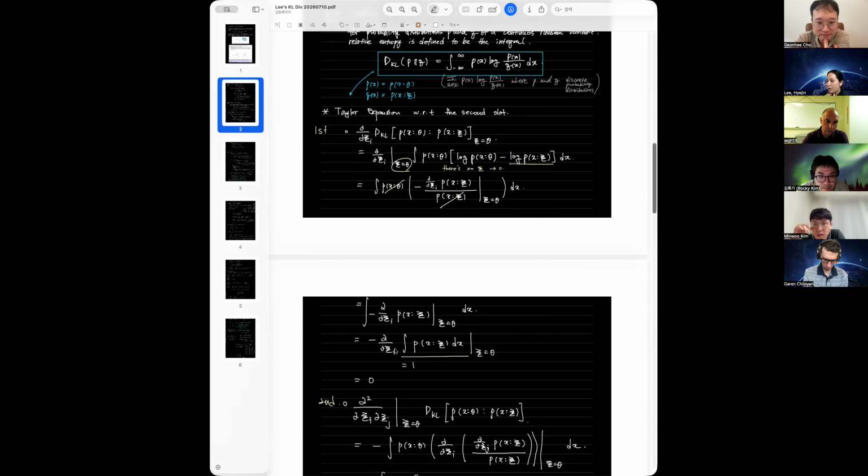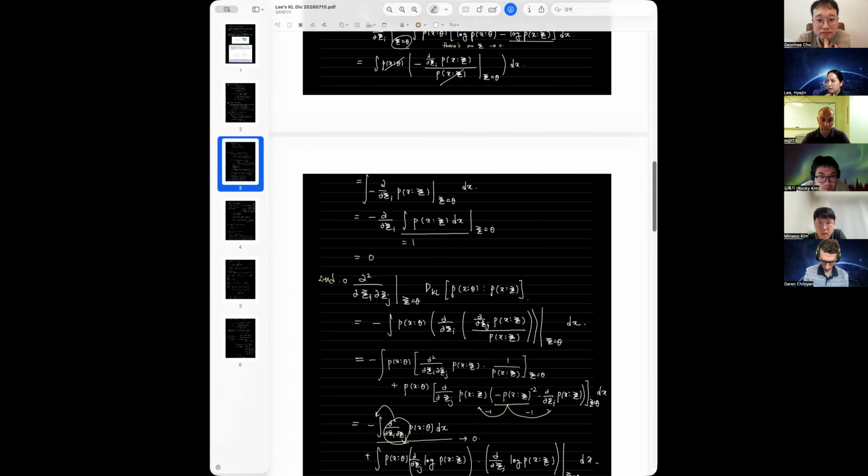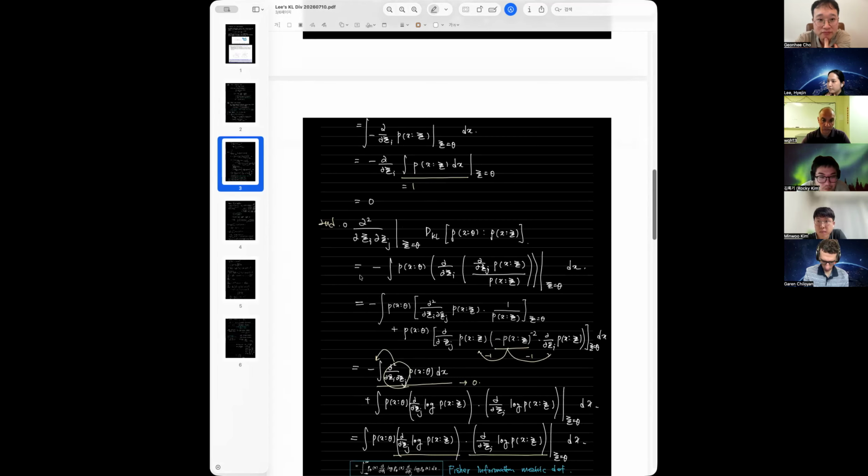We already know that the integral of the probability density equals 1, so that is constant. So the derivative by xi_i is 0, and the second derivative, by xi_i and xi_j, we can compute like this.